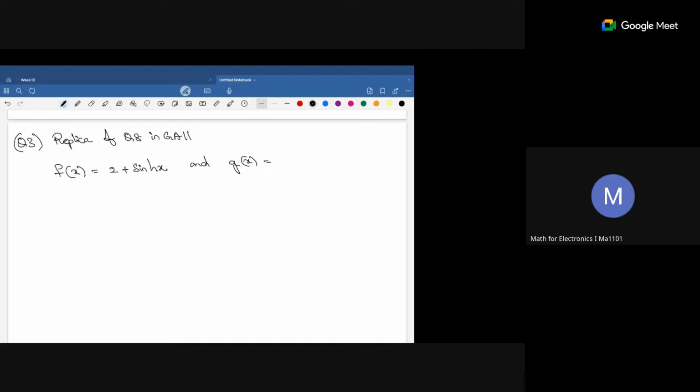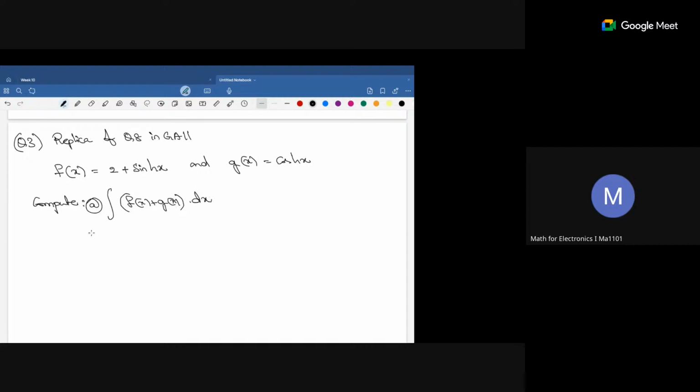And h of x, we take it as cos hyperbolic of x. Let's compute the integral of f of x plus g of x dx.